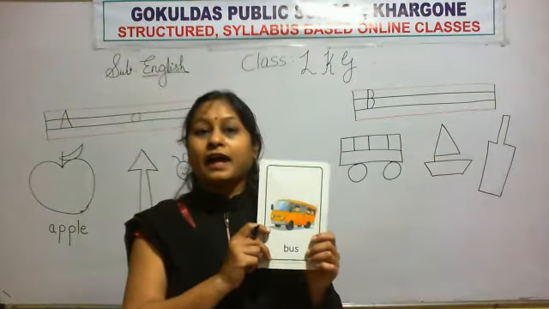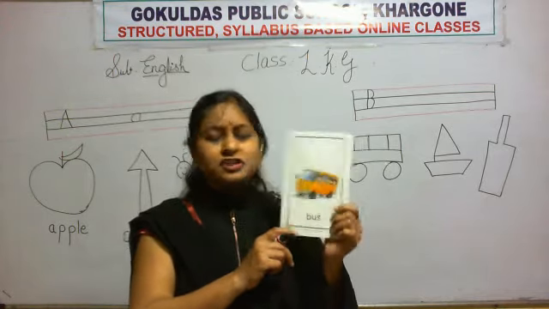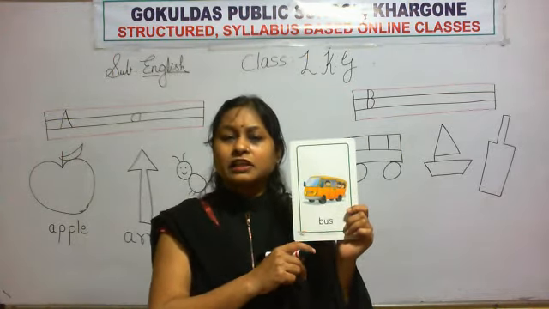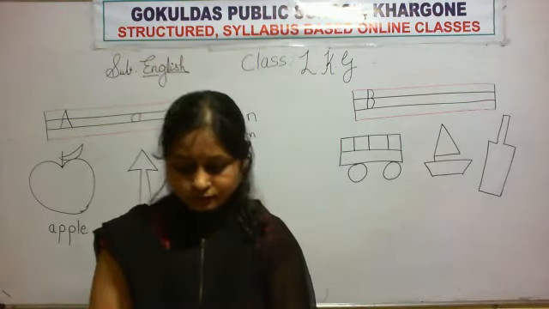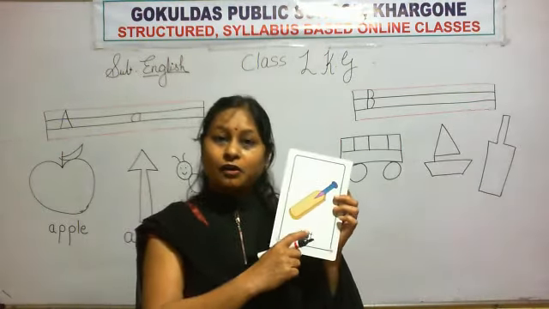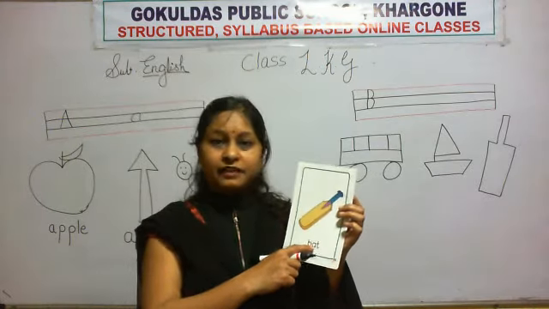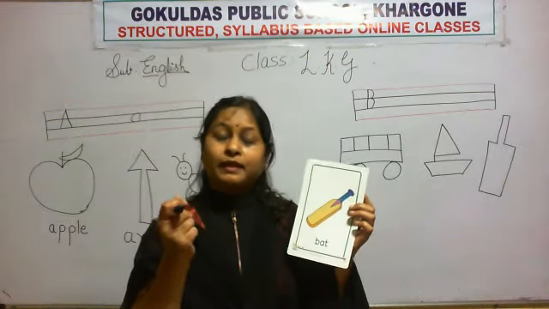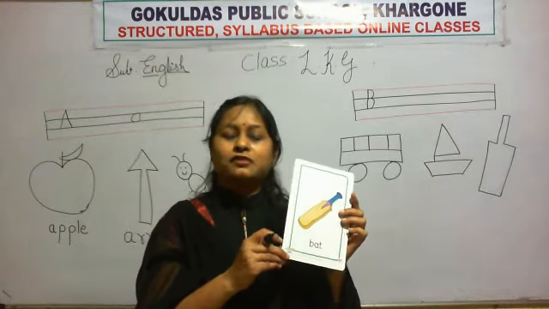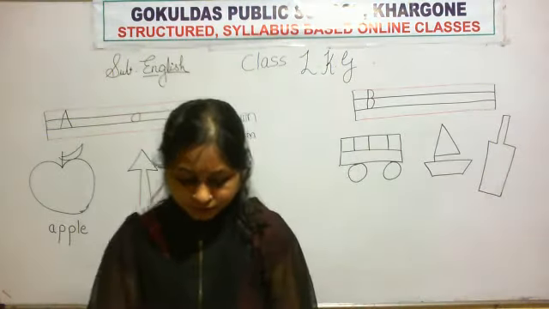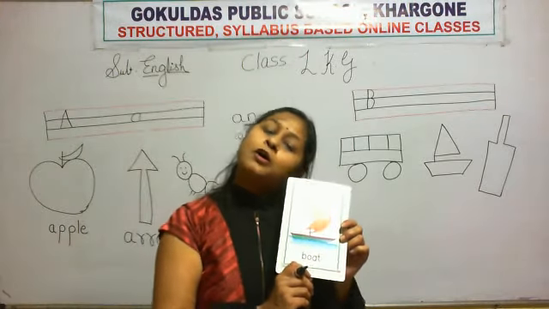We come to school by bus. What is the color of bus of your school? Yellow. B for bat. We play with bat. You play cricket with bat? Okay, you like batting? I also like to do batting. B for boat.